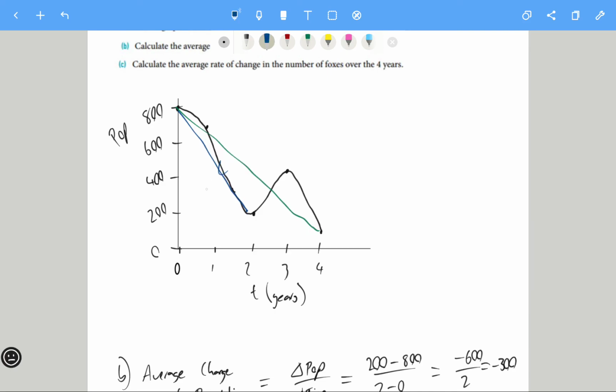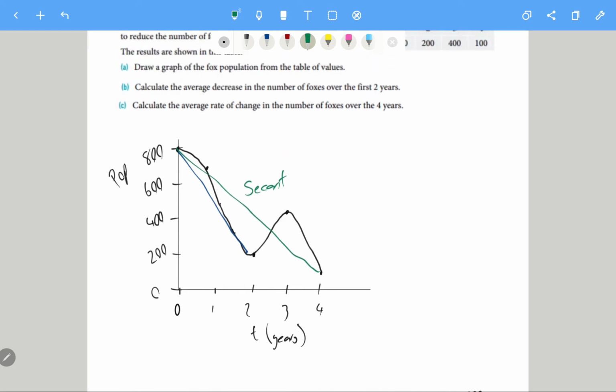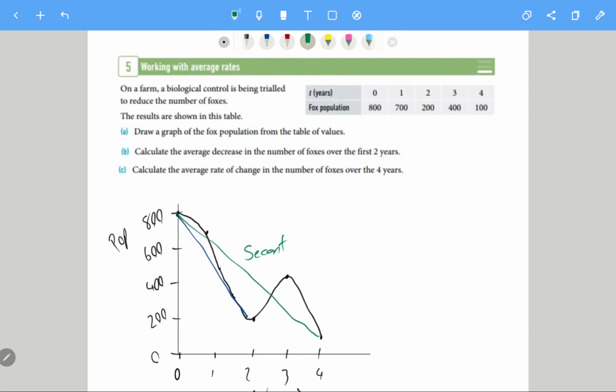Now we call these lines secants, and a secant is a line that goes through 2 points on a curve. And the secant can kind of show us the gradient, or this rate of change, visually. For a linear line, the gradient is the rate of change. Alrighty. Hope you've had a bit of go with average rates of change.